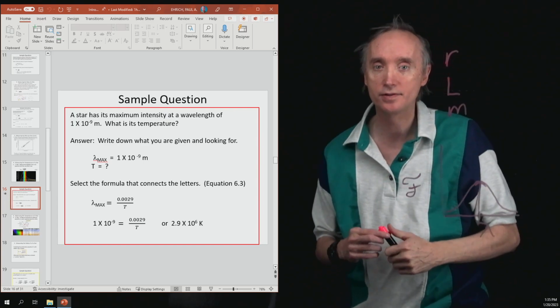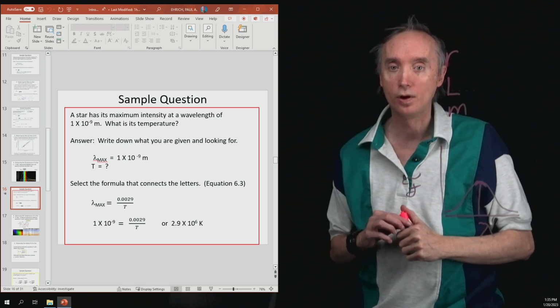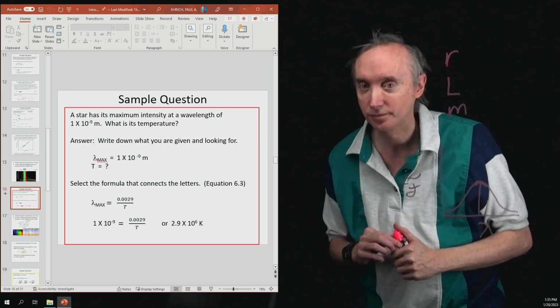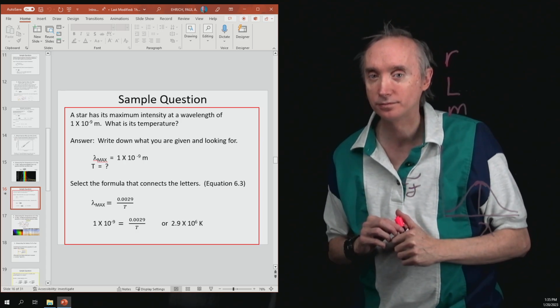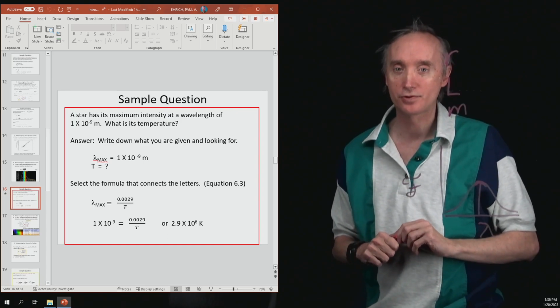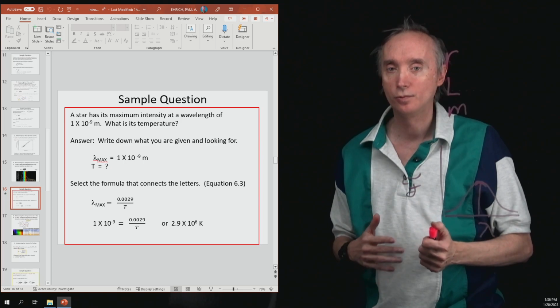So a star has its maximum intensity at a wavelength of 1 times 10 to the negative 9th meters. You can read it. What is its temperature? So first we're going to write down what we're given and what we're looking for.